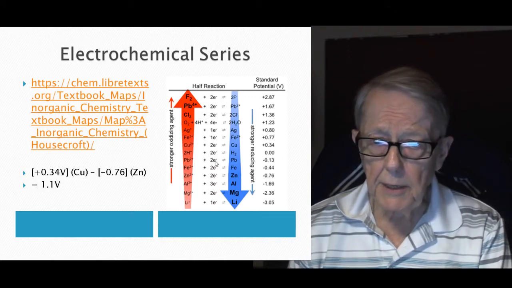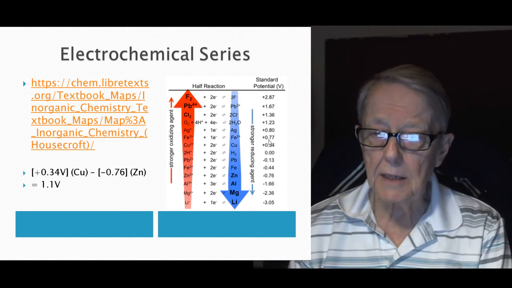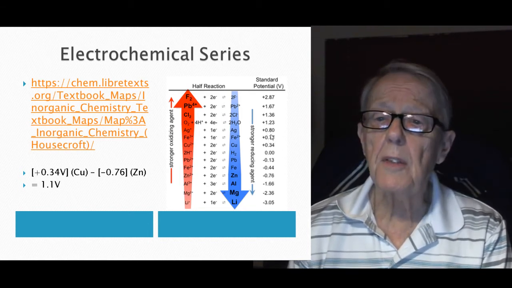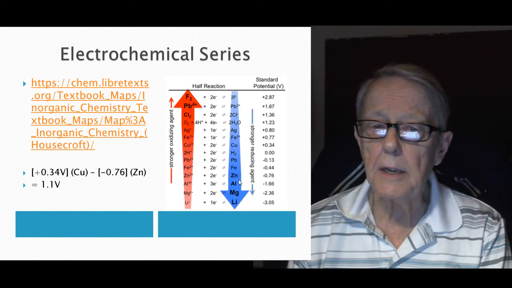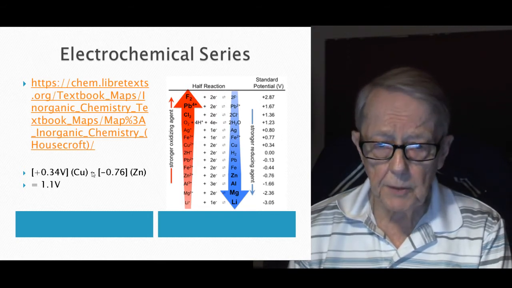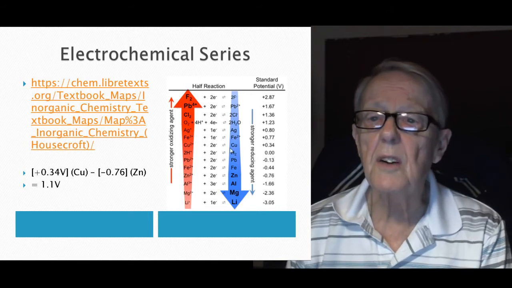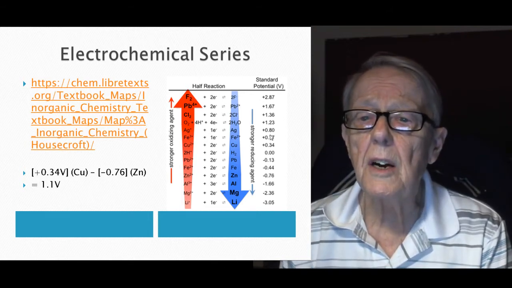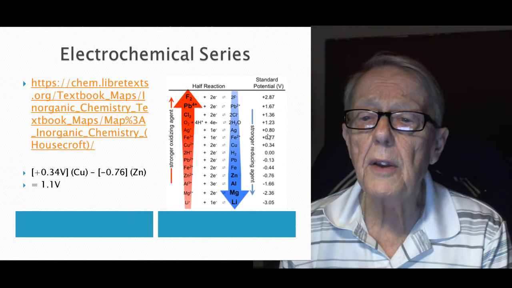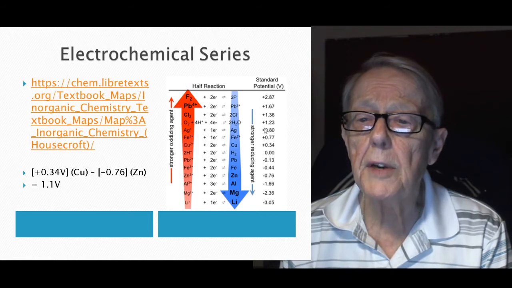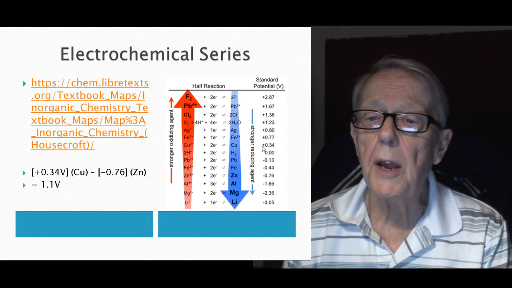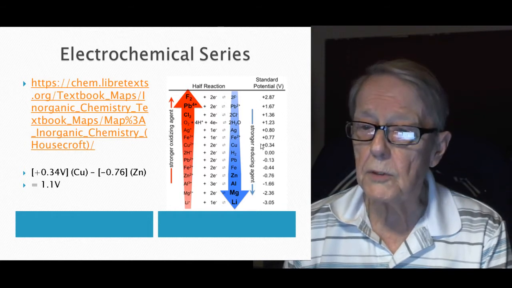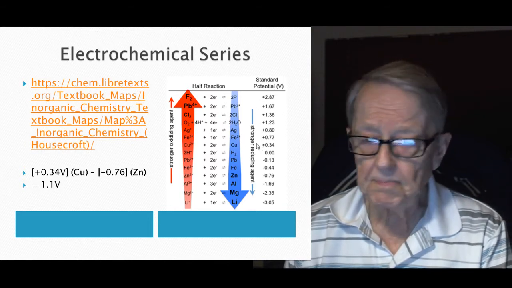So you can pick any 2 elements, and you can get a plus this and a minus that, and the difference of the two gives you the voltage. If I use silver in one and copper in the other, I'm going to get the difference between 0.8 volts and 0.34 volts, which is about half a volt.